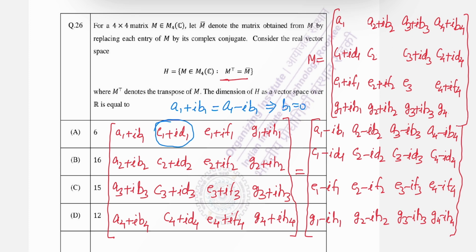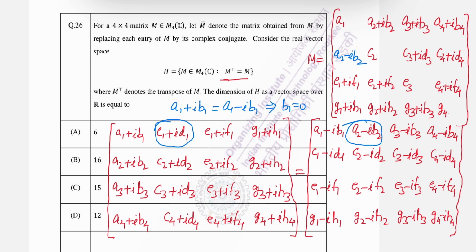Now we go along the row, and the second entry in the first row, if you compare, then at the place of C1 plus iota D1 we can write A2 minus iota B2.